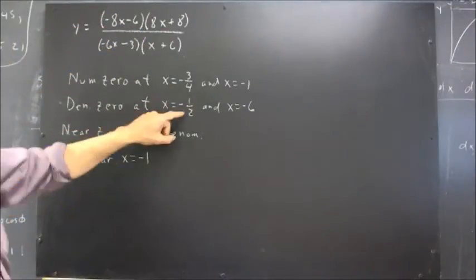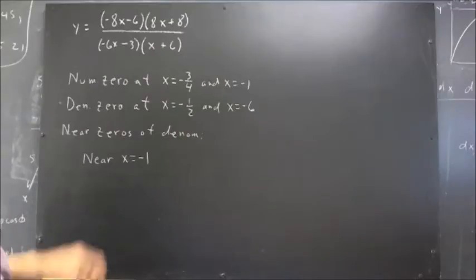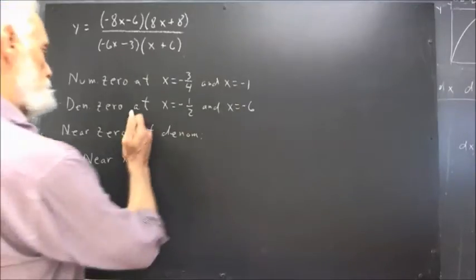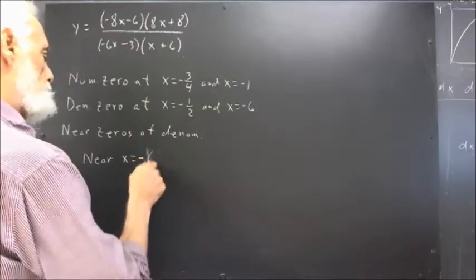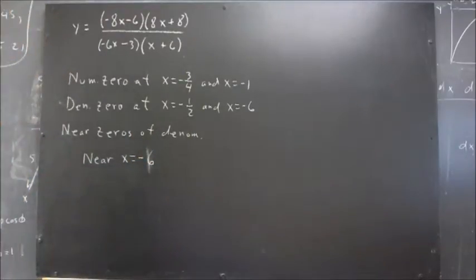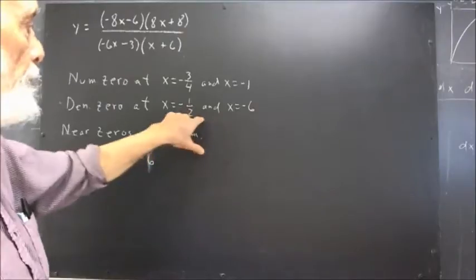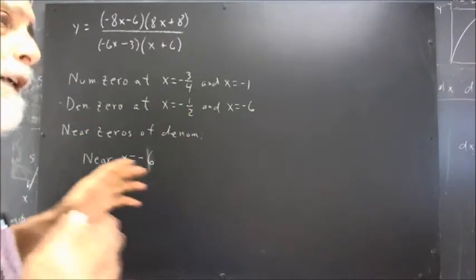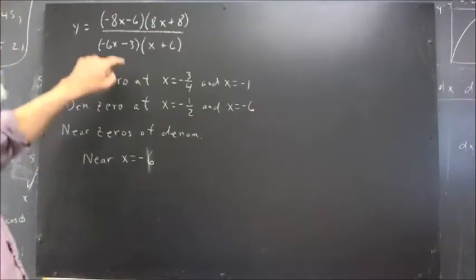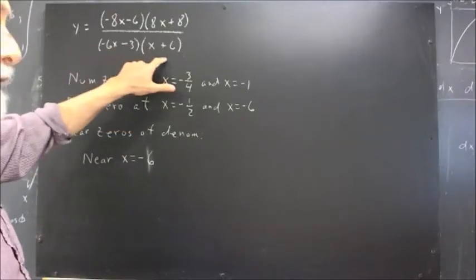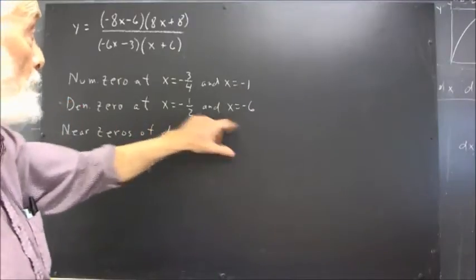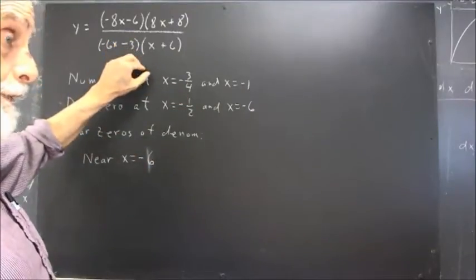But near these zeros, and I don't know how I wrote x equals negative 1, near the zeros of the denominator, the function is defined. And as we've seen, near a 0 of the denominator, if you're near enough, the denominator is going to be near 0. And the closer you get to a 0 of the denominator, the closer the denominator gets to 0.